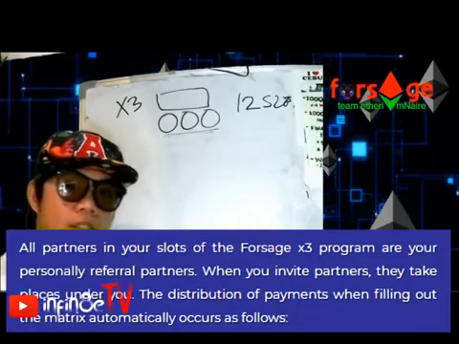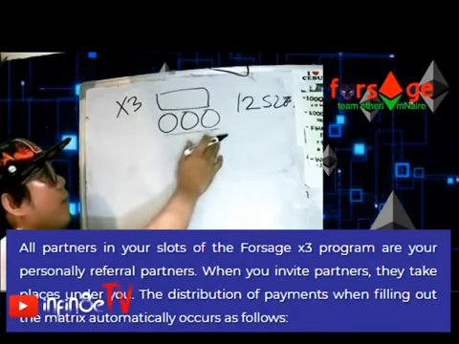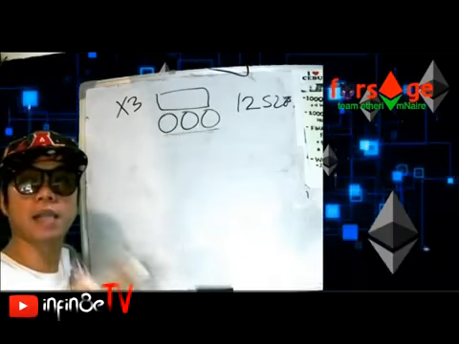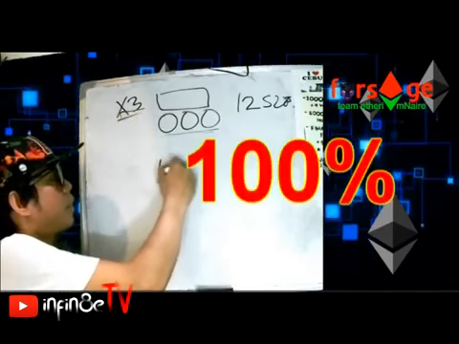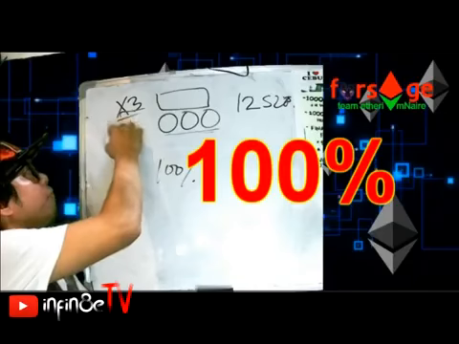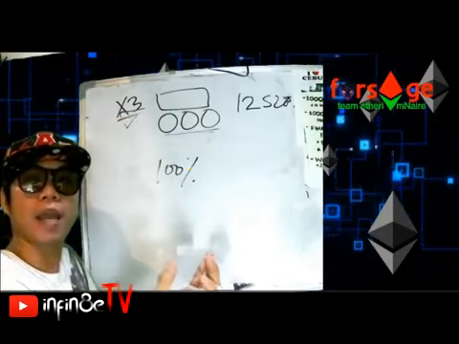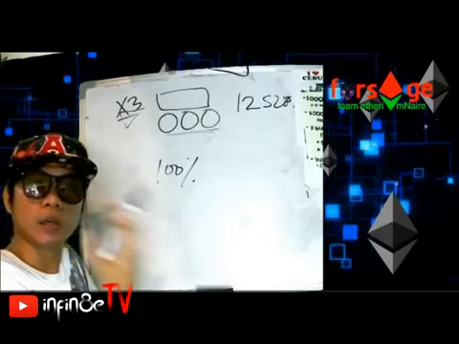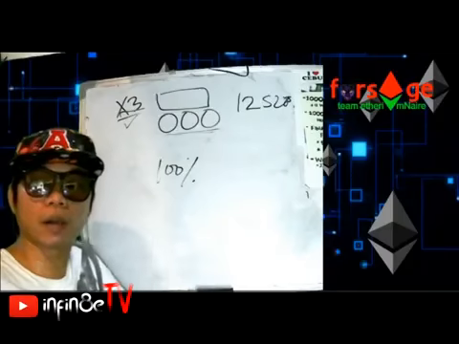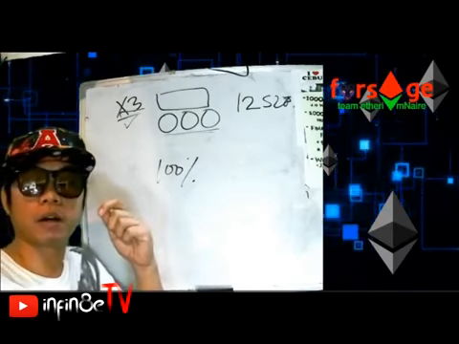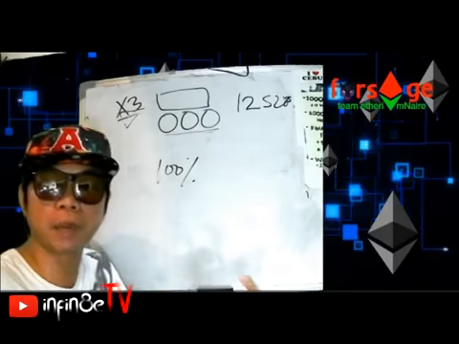So, bawat po na participant na papasok dyan, meron po tayong nare-receive 100% of what they paid for X3. Every time you paid for the X3, you will receive it directly to your wallet. Okay? No need for withdrawal request. No need to wait for 24 to 48 hours. It is instant payout. Okay?